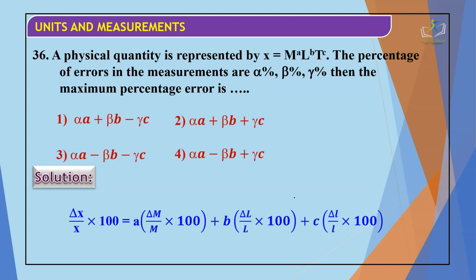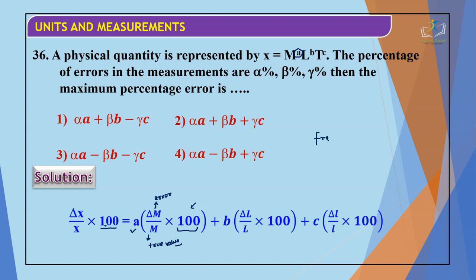So what we are going to do, students, is delta x by x into 100. If a power is there, as you see here, we just multiply it and relate this term. This is the error, or this is the true value. For percentage, I am just multiplying by 100.